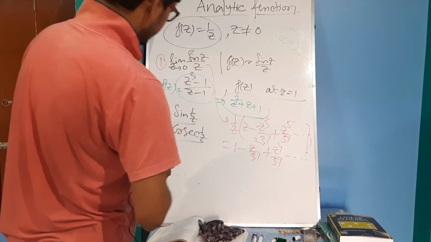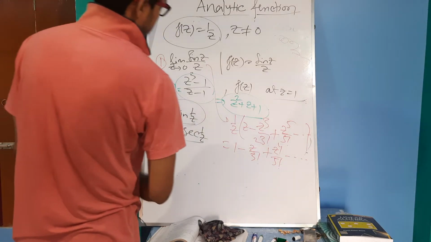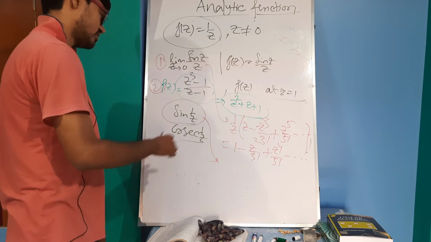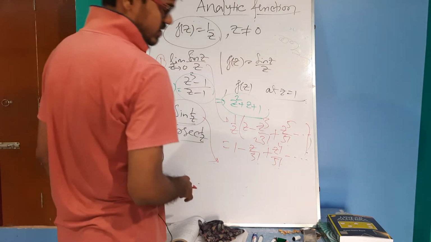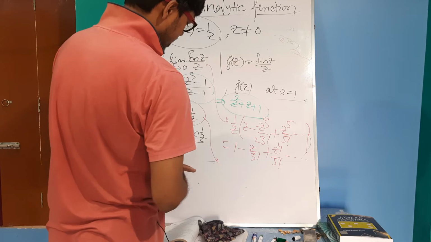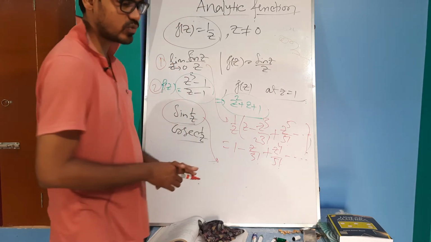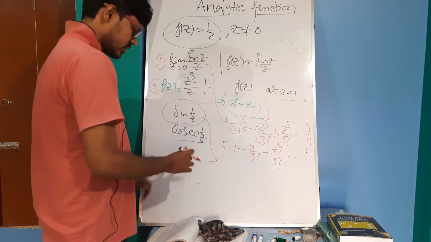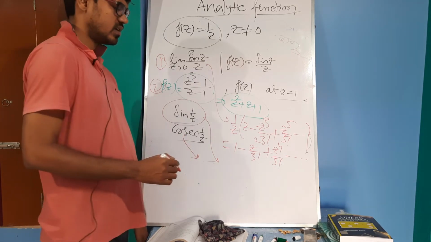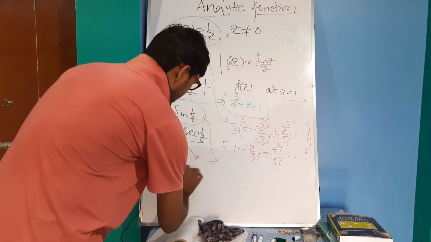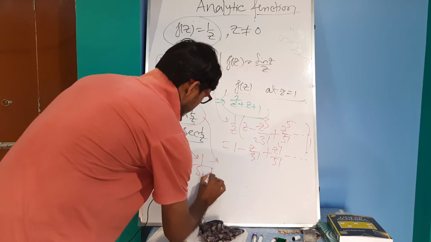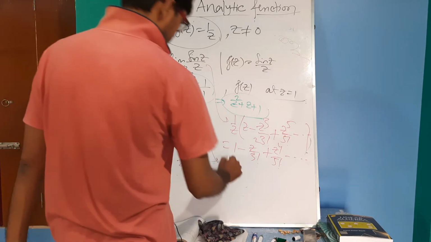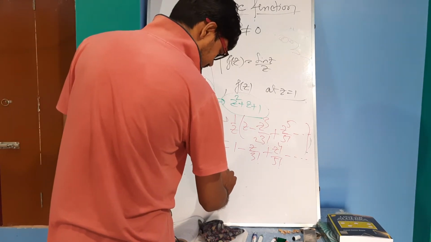Now what about this? Here also we can say that at z equal to 0, the function is not analytic, but it is not removable at all. And what about this? This you can write as sine 1 by z, and I have already mentioned it in classes.